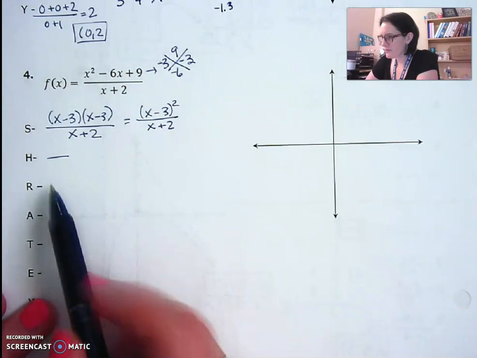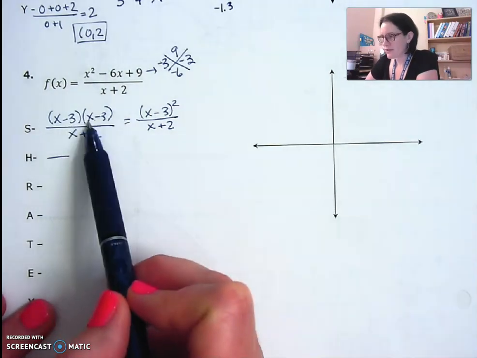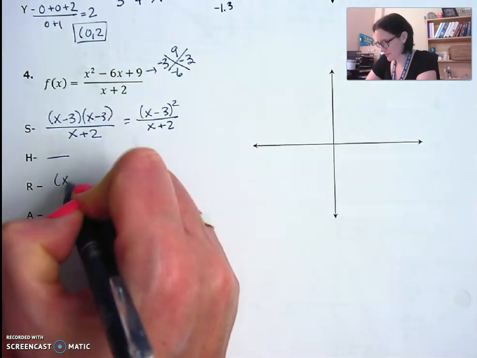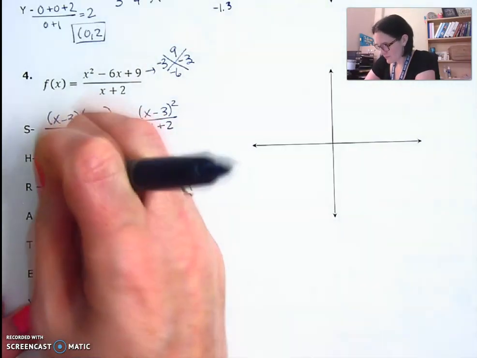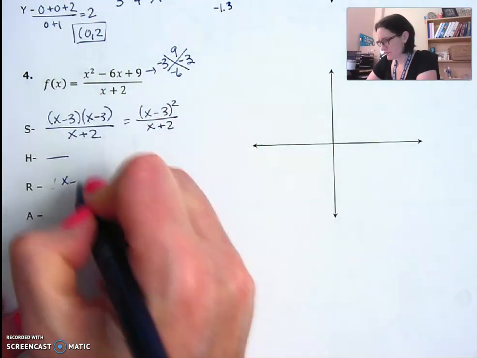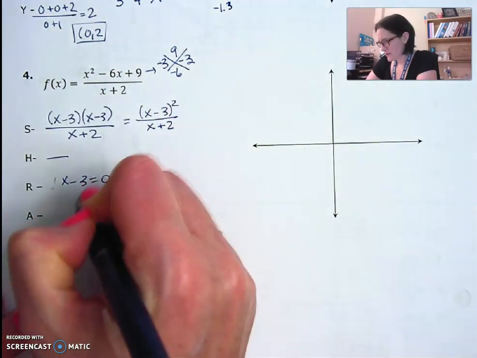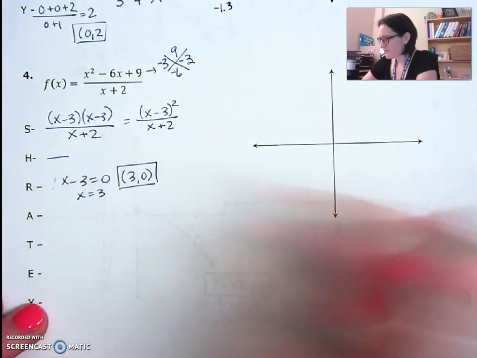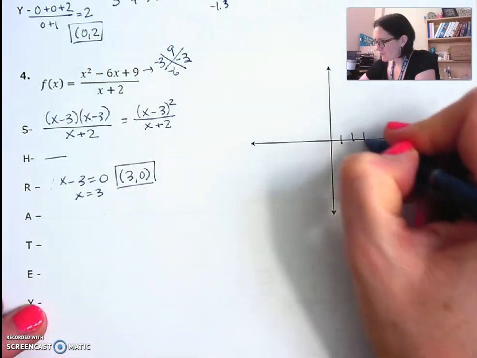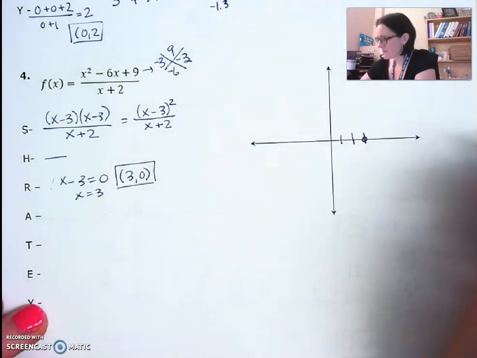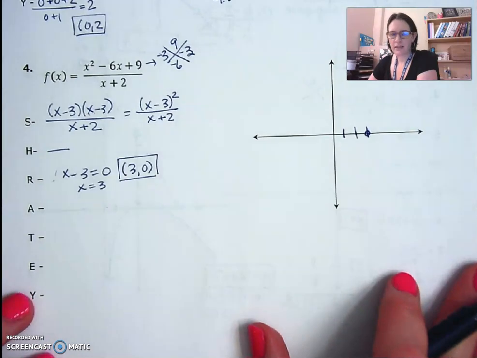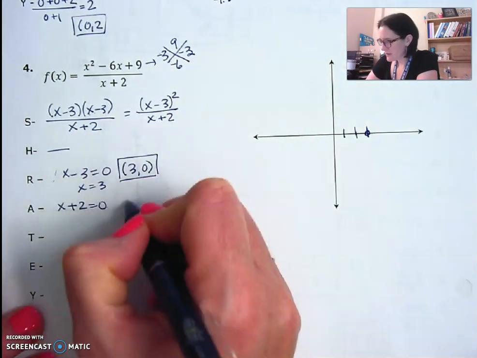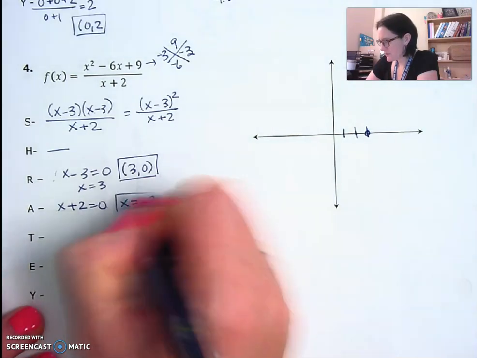Now to find my root, I set these factors equal to 0 and solve them. They're the same, so I just need to do that process one time. So x equals 3, so I have a root at 3, 0. And then for my vertical asymptote, set the denominator equal to 0 and solve: x equals -2.